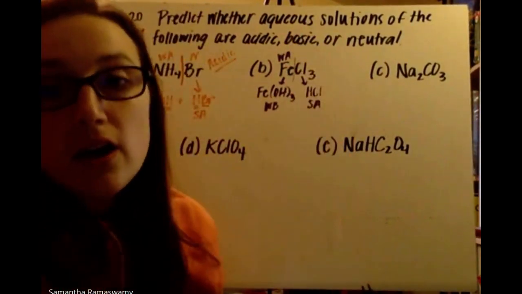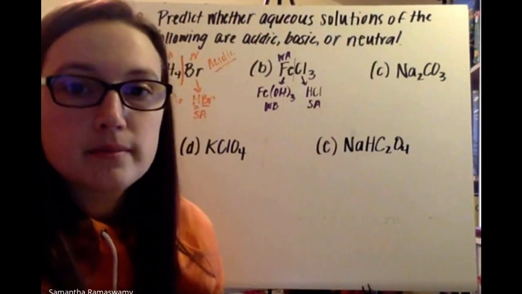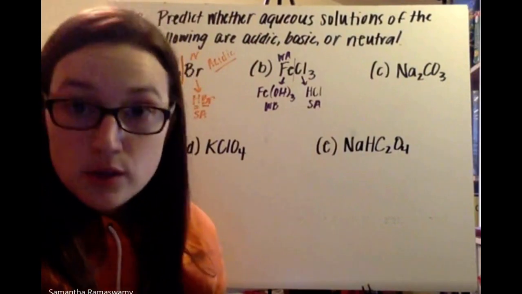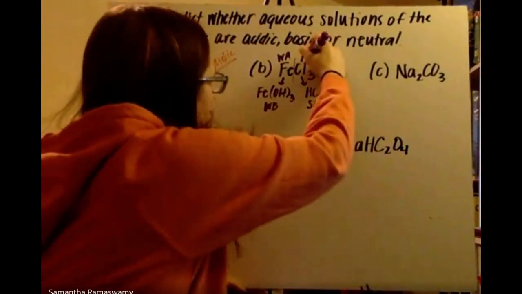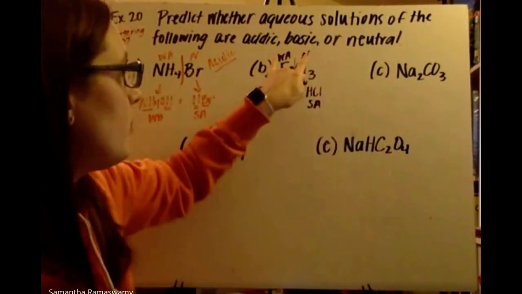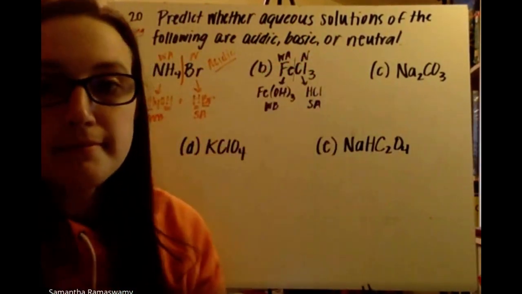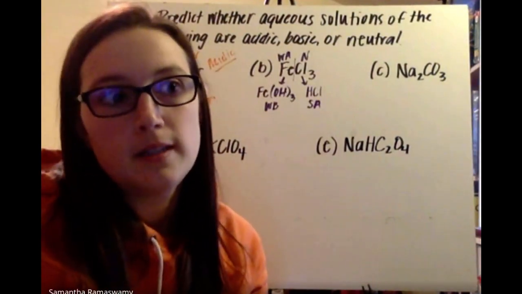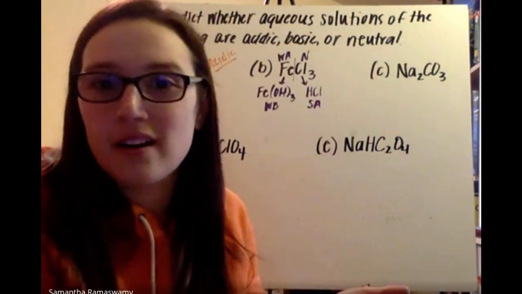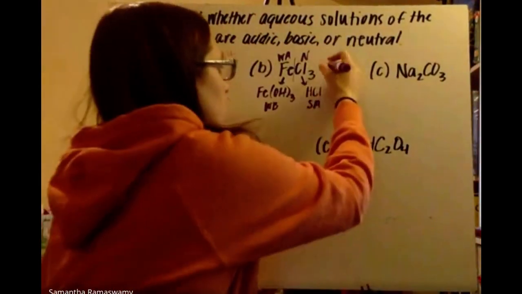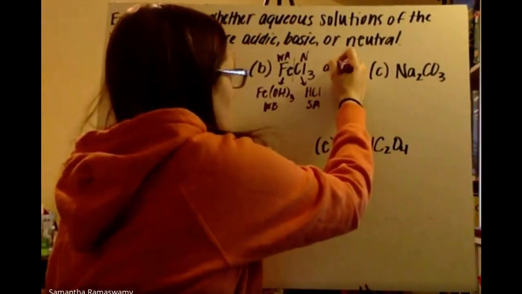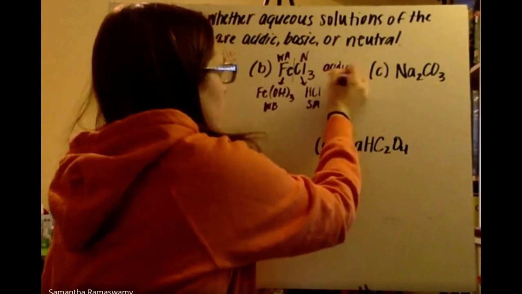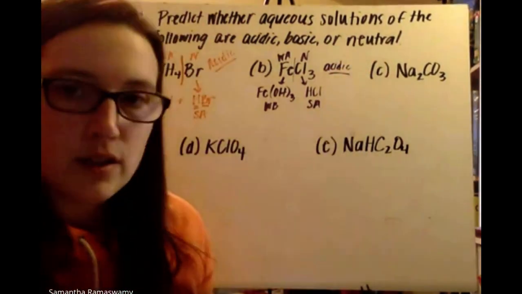If HCl is a strong acid, Cl minus is neutral. So now we compare what we wrote down up here. Part of the salt is acidic, part of the salt is neutral. Well, neutral we ignore. So part B, FeCl3, is an acidic salt.